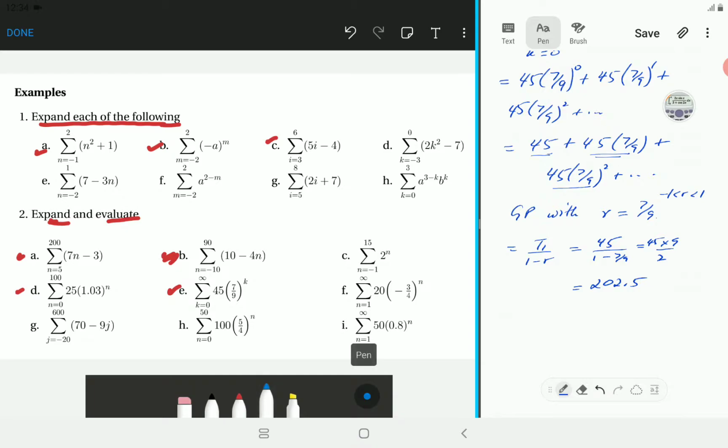Then when you press play again, then you can compare. So if you want to have a go at D, E, and H in number 1, then in number 2, if you'd like to have a go at F, G, and H. Okay, so just press pause and then have a go at those ones.